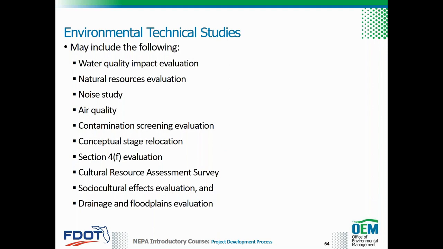Reports documenting these studies are prepared in response to the relevant environmental issues and resources. Technical reports are sent to OEM for review prior to submitting to appropriate agencies for coordination and consultation.